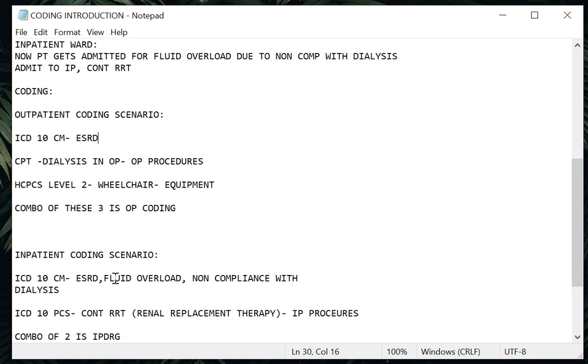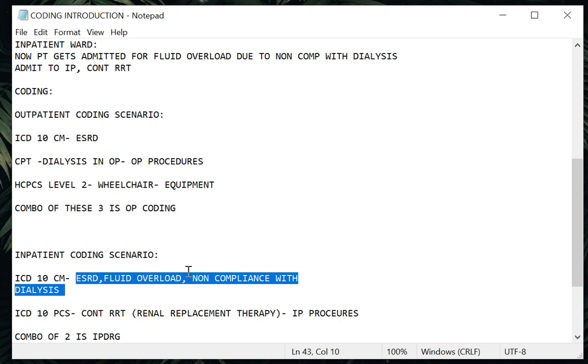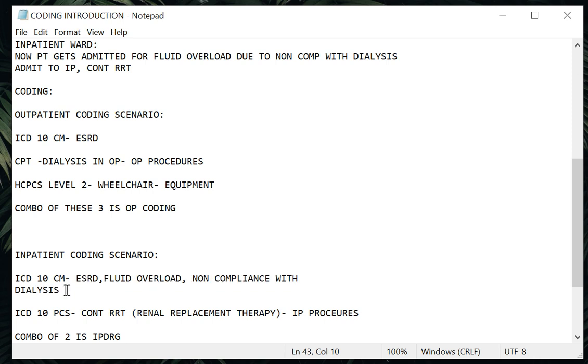So the conditions we need to take in IP are ESRD, fluid overload, and non-compliance with dialysis, for which we'll have a Z series code. Since the patient was not compliant with the dialysis, he got fluid overload, right? So we need to specify that. All these three codes will come under ICD-10-CM.